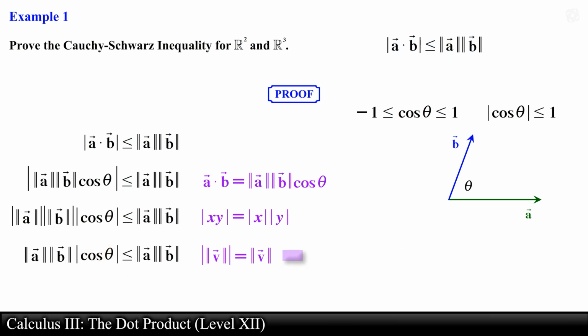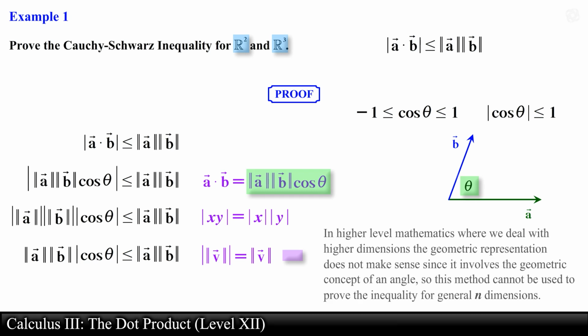Note that this proof is valid in the 2- and 3-dimensional cases because the dot product can be expressed in terms of cosine of theta, where theta represents the angle between the two vectors. However, in higher level mathematics, where we deal with higher dimensions, the geometric representation does not make sense, since it involves the geometric concept of an angle.